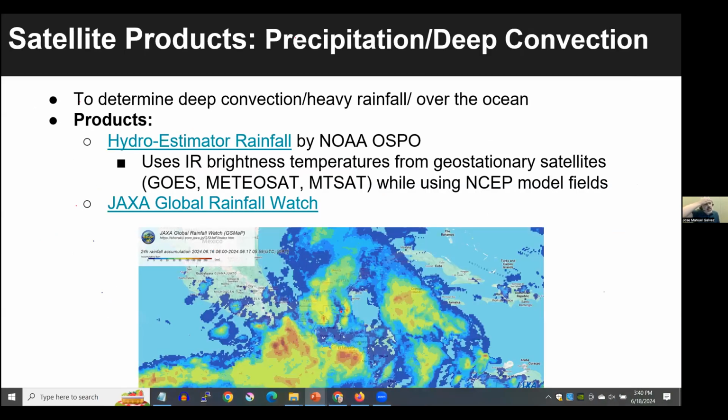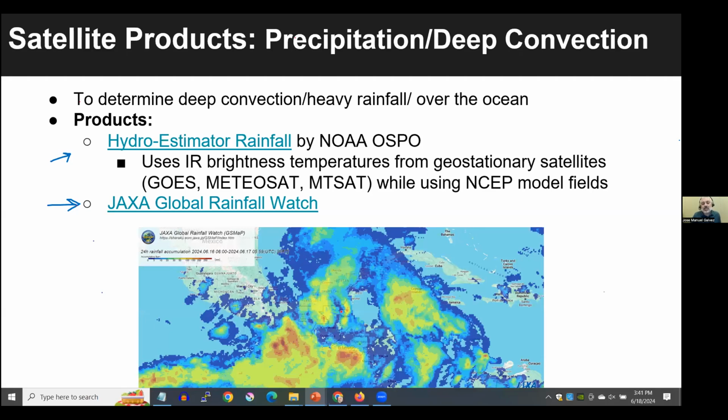Now, for rainfall products, for the estimation of when we might have strong convection, these are some examples that you could use. You have the NOAA OSPO Hydro-Estimator, then the JAXA GSMaP. This is a really quick overview, because there are many more.